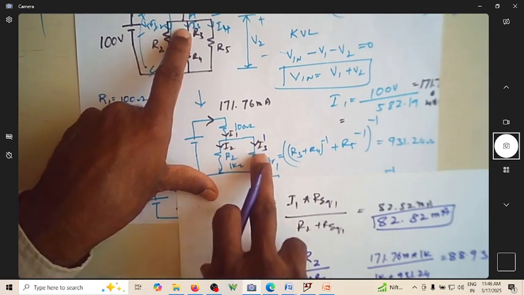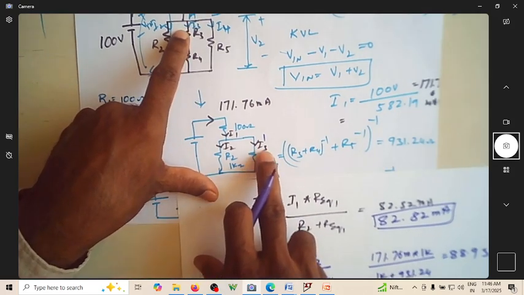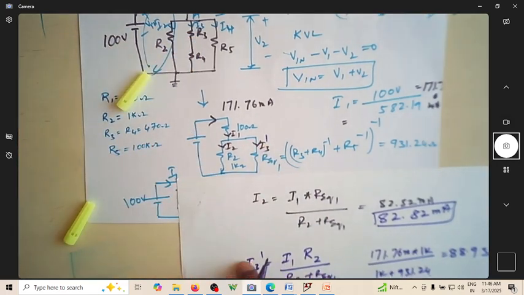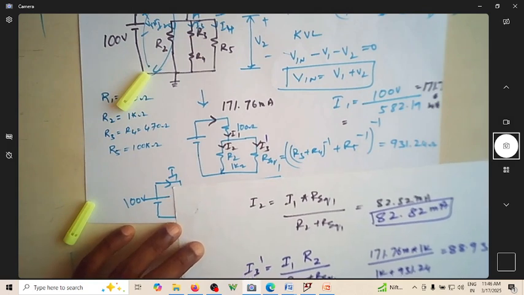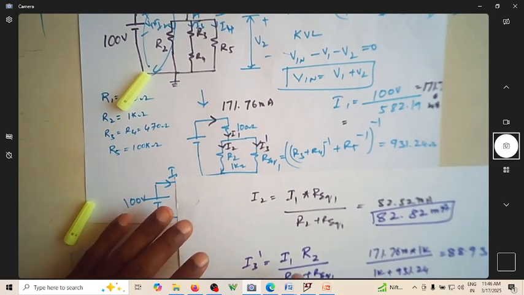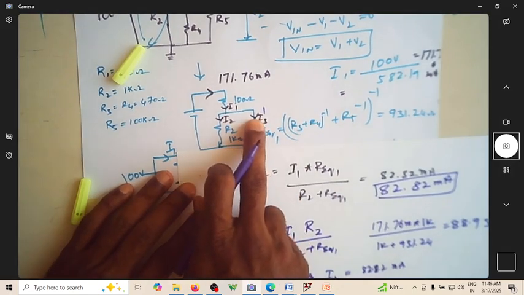This current is different from that one. Since we named the other I3, let us name this I3 dash. So I2 is 82.82 milliamperes, and you know what I3 dash is.